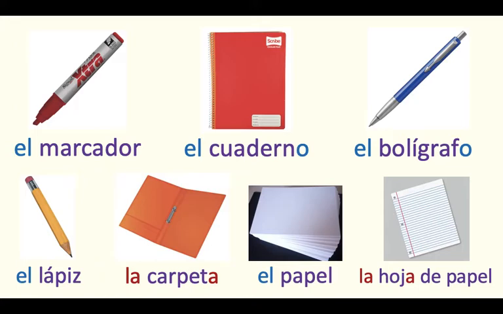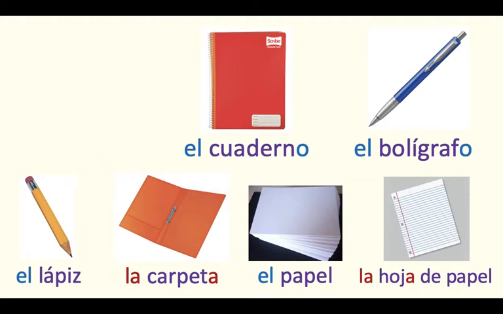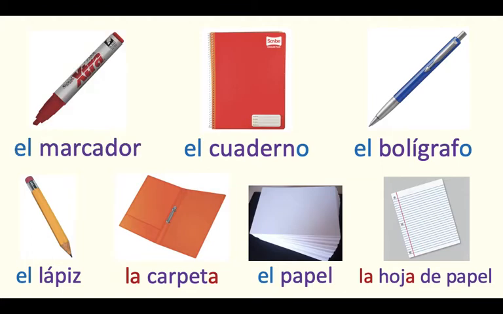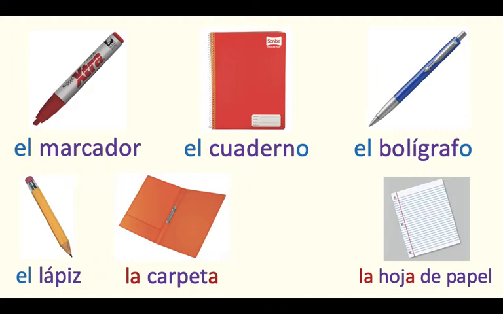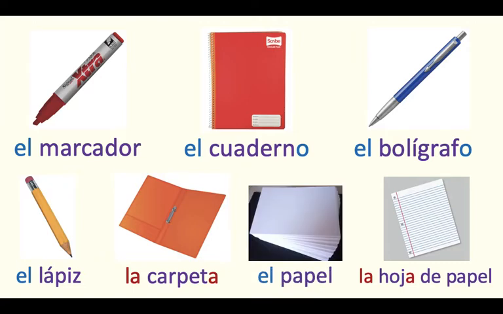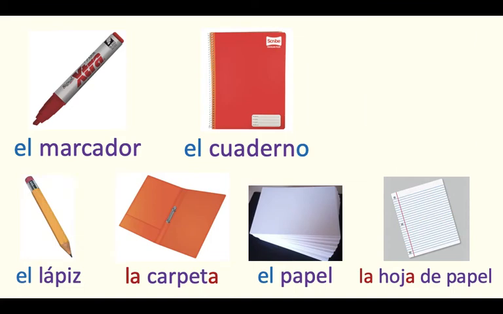Now mira, one is going to disappear. Desaparecer. ¿Qué no está? Repita el marcador. Mira. ¿Qué no está? Repita el papel. ¿Qué no está? Repita el lápiz. ¿Qué no está?